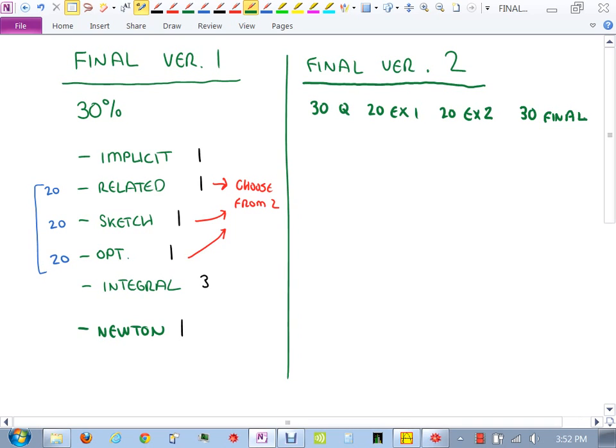If you do version 2, the final, instead of being 30, will be 40% of your grade. And I will pick which exam is lower for you and make it only 10% as opposed to 20.